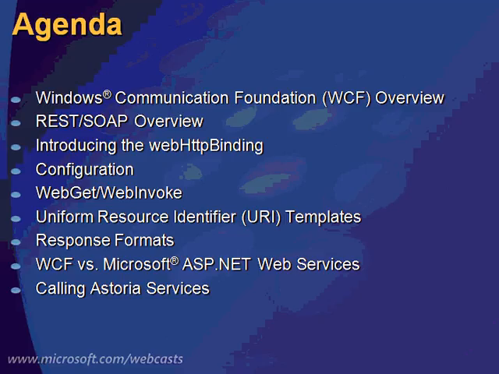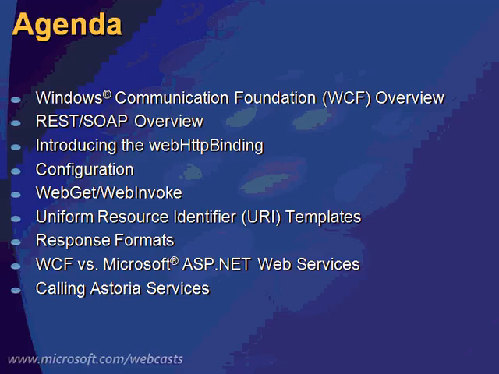Next, I'm going to show you the web HTTP binding. That's a new binding that will be shipping with Framework 3.5, the framework that's in the Orcas release. This is the binding that gives us the ability to expose RESTful services in a very easy manner.